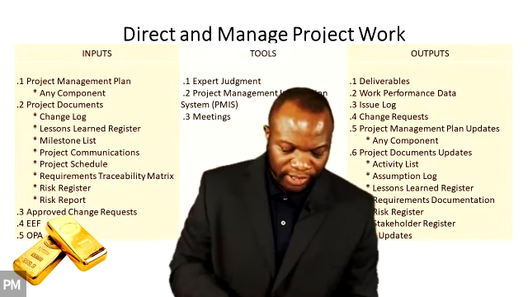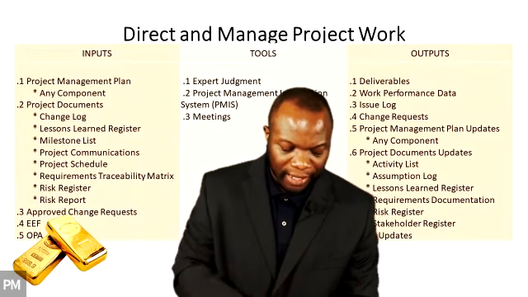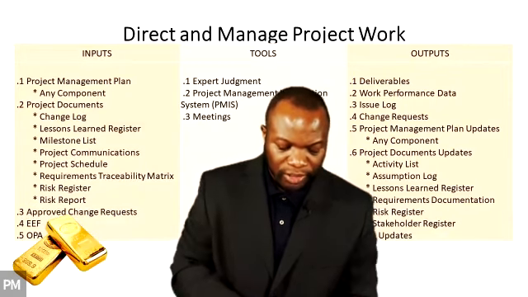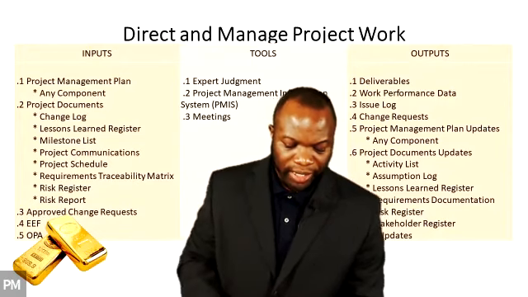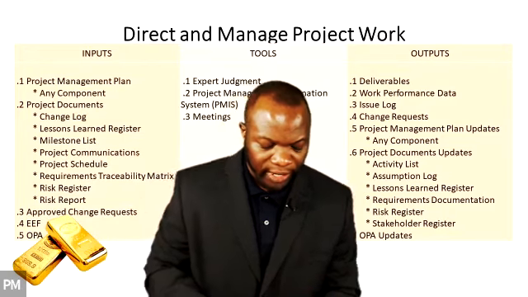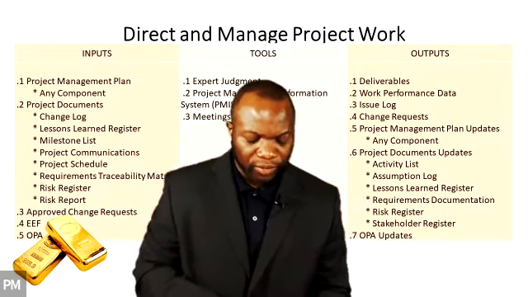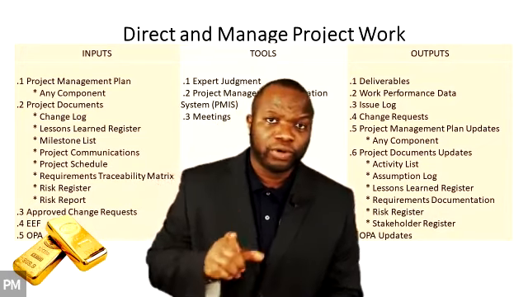Approved change requests are scheduled and implemented by the project team and can impact any area of the project or project management plan. The approved change request can also modify the formally controlled project management plan components or project documents.